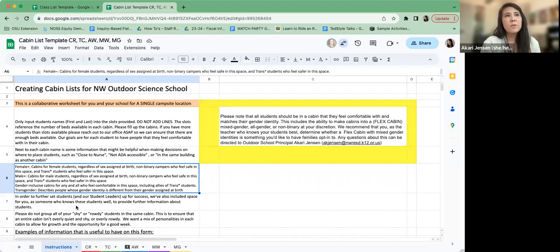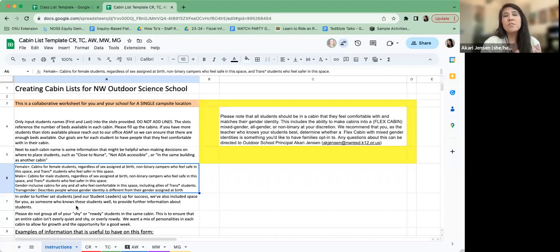Those are cabins for female students, regardless of their sex assigned at birth, non-binary campers who feel more safe in a female identifying cabin, or trans students who feel safer in that space. Male plus cabins are for male students, regardless of their sex assigned at birth, non-binary campers who feel safe in a male identifying space, as well as trans students who feel safer in that space.